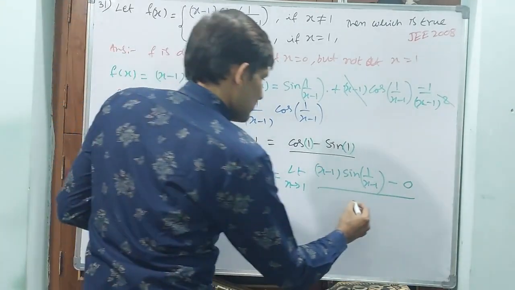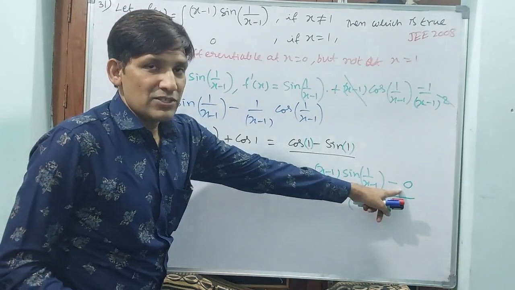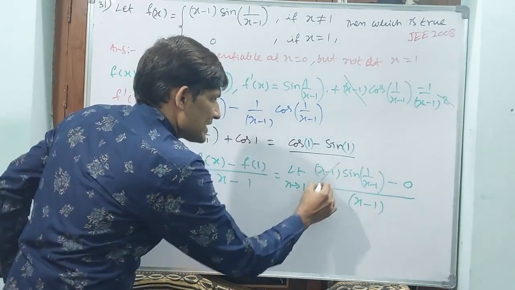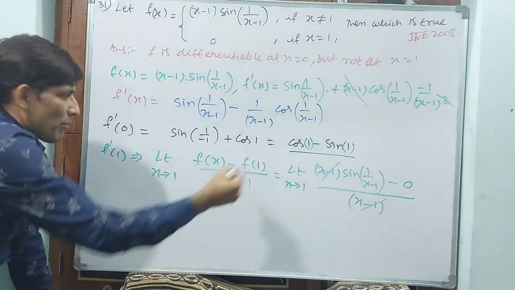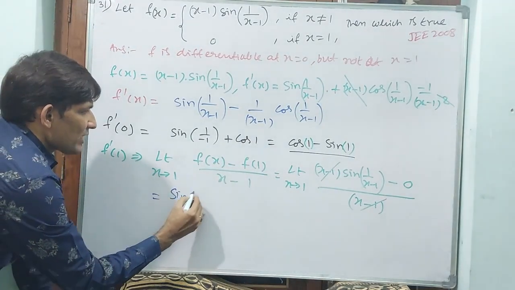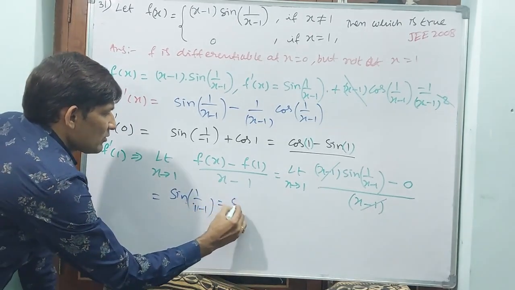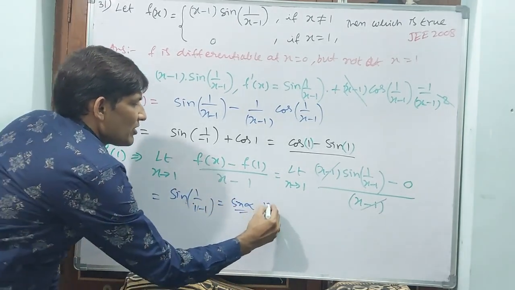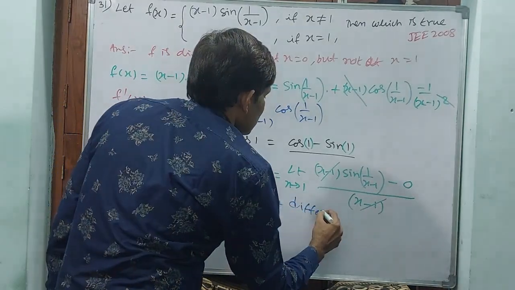But here x minus 1 is a multiplication, because minus 0 is there. Multiplication means I can cancel this x minus 1 with x minus 1. Definitely I can cancel. Now automatically this is going to become sine of 1 by x minus 1. But here, with x tending to 1, that is equal to sine infinity. Not differentiable.